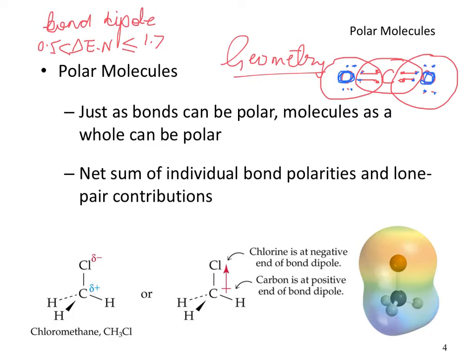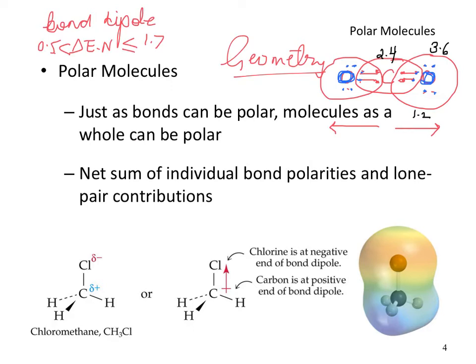Now, on the Pauling scale, the value for oxygen's electronegativity is 3.5 to 3.6, and carbon is 2.4. So the difference between the two is 1.2. So yes, most definitely, this oxygen is going to pull the electron density towards itself, but so would the other oxygen, and by the same amount.